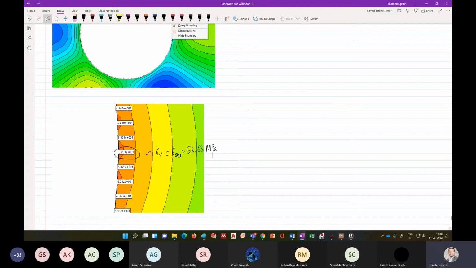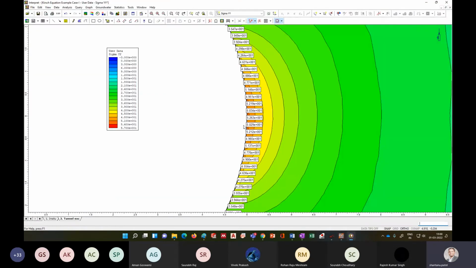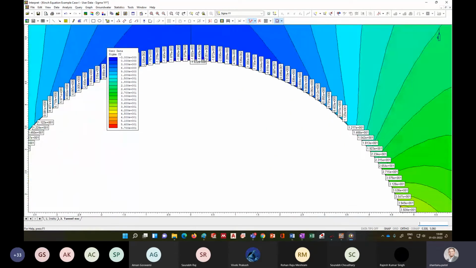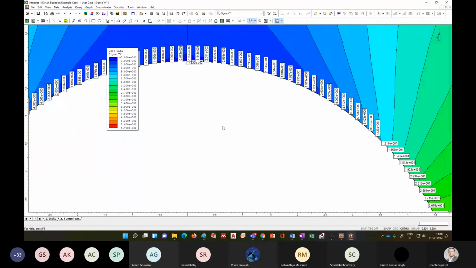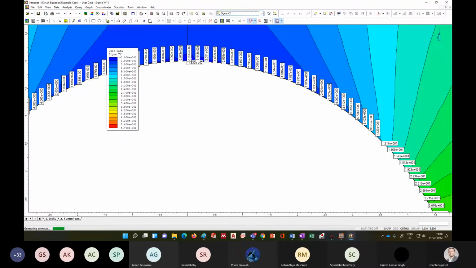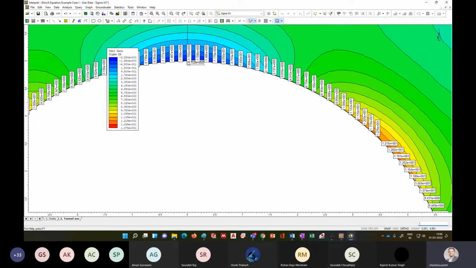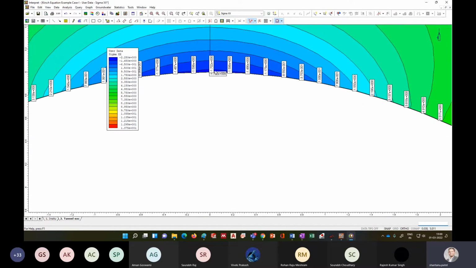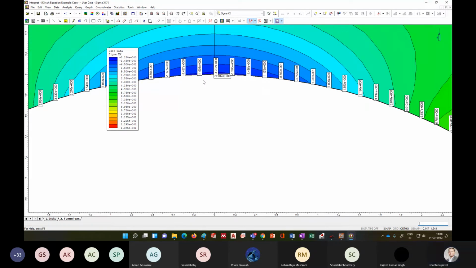Similarly, I told you that if you want to know the tangential stress here, that should be your horizontal stress, right? So in here, you can see the value is minus 1.702 times 10 to the power 0.